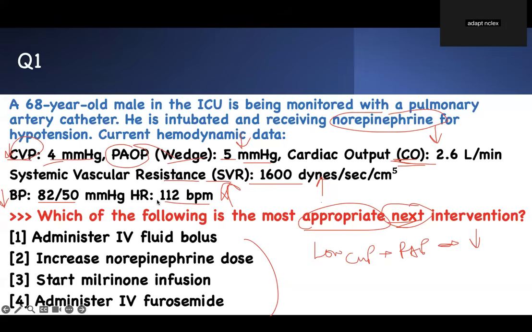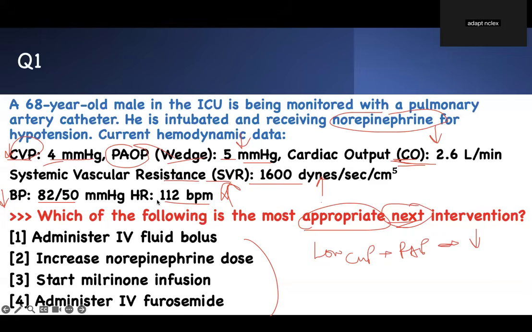If we increase norepinephrine, it's already maxed out. It's receiving it. It's not going to help you. It's going to cause more vasoconstriction, and therefore your SVR will go up. Your cardiac output will remain low because you need fluid. Starting Marinol is going to dilate and even worsen the hypotension. It causes venodilation.